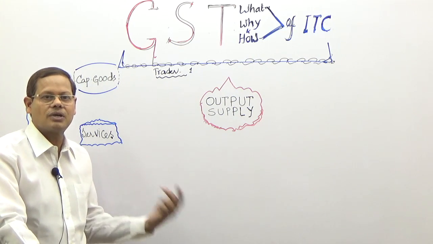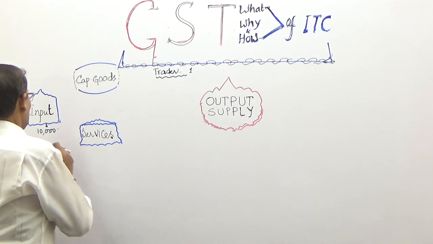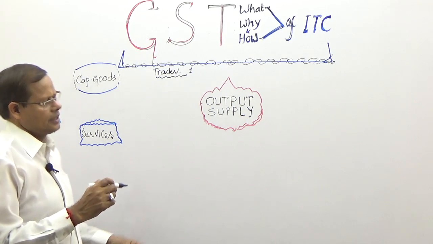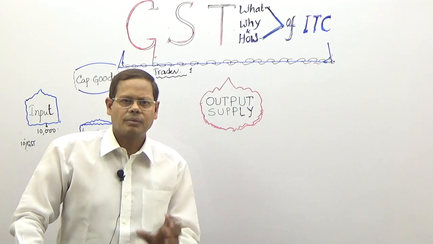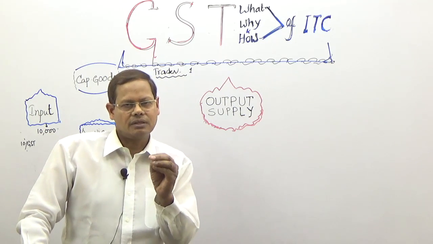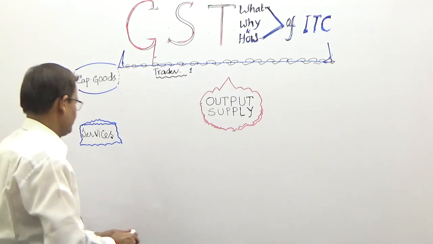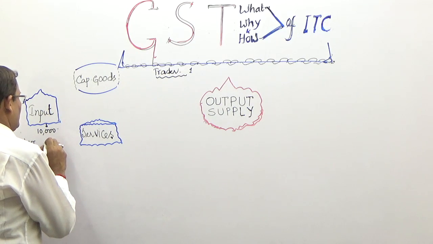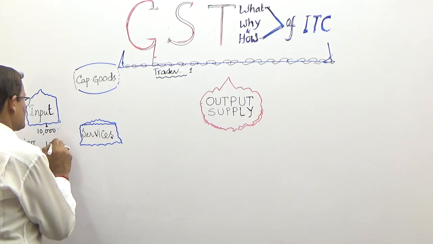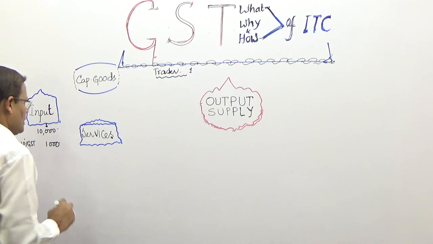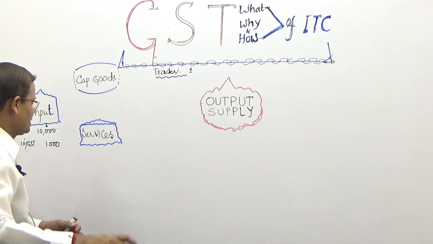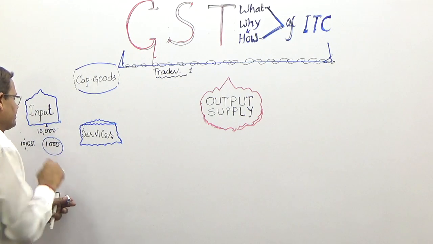Purchase of goods is an inward supply. Actually, the GST rate is not 10%, but I am taking 10% for simplification purposes here. So, 1000 rupees is the GST, that is the tax he is paying.